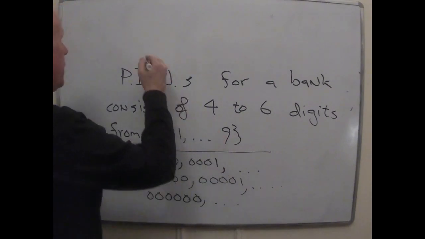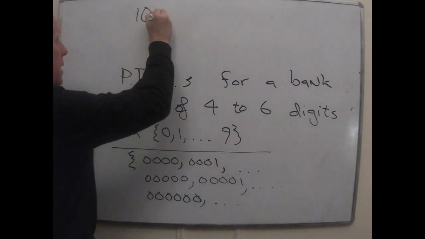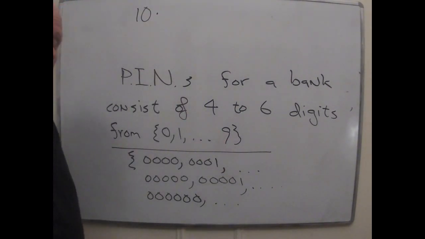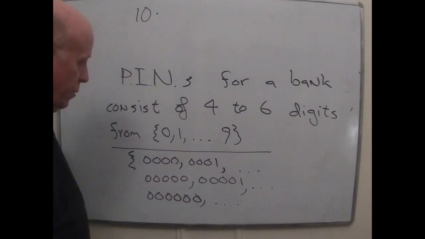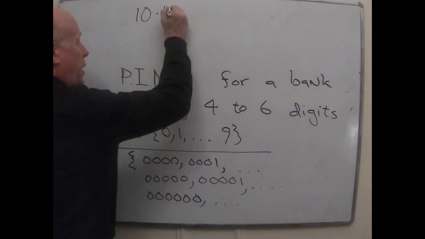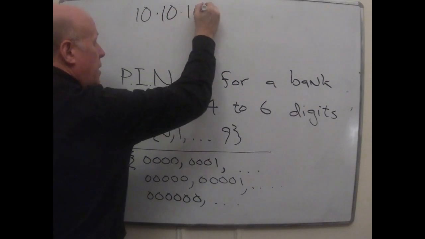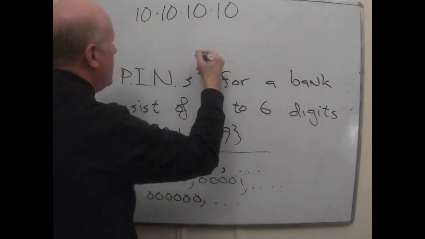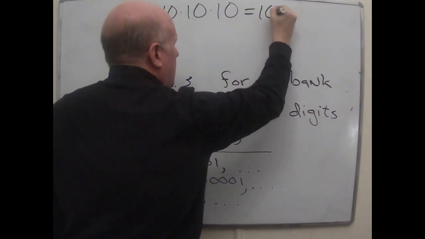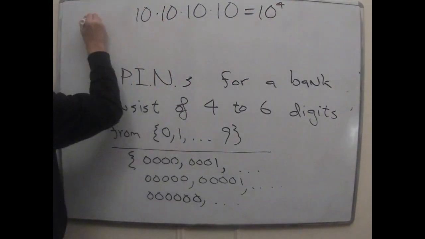That's 10 of them. And I'm already showing that it's possible to have repeats, so I have 10 possibilities for the second digit too. In fact, it's 10 times 10 times 10 times 10. 4 tens. This is 10 to the 4th. That's our 4-digit PINs.